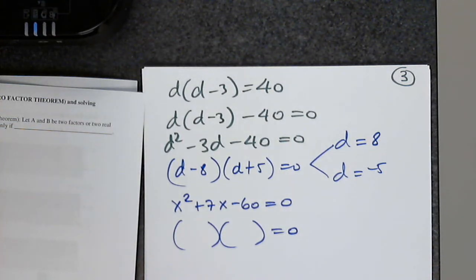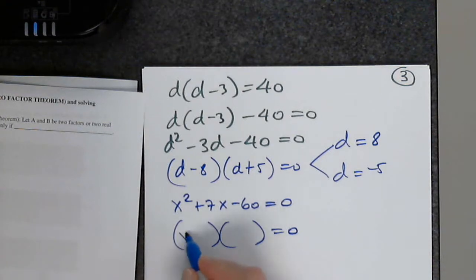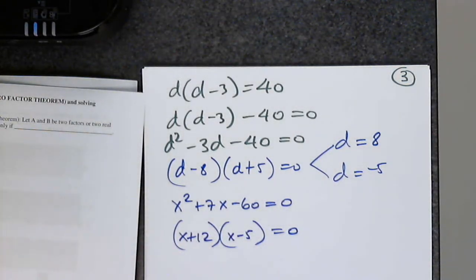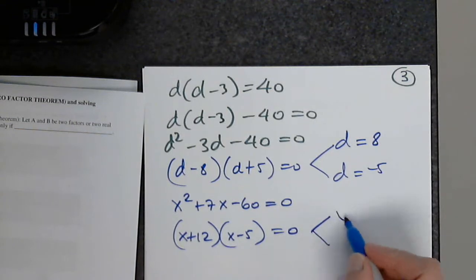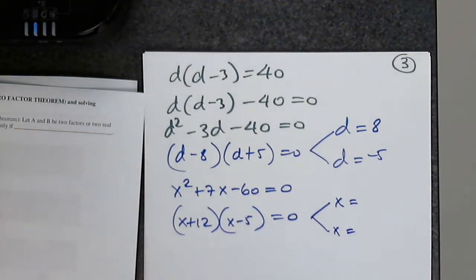X plus 12 and x minus 5. Excellent. X plus 12, x minus 5. Perfect. The sum is 7, so that's why the positive number is bigger in absolute value. And the product is negative 60, and the sum is positive 7. Excellent. So then we have two options for x. Remember, these are all quadratic equations, except this one.